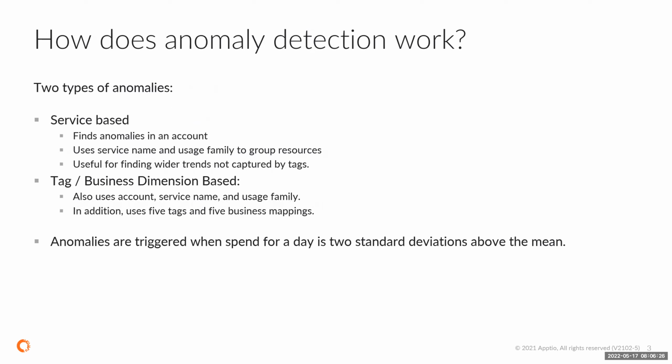The older way, which has been used for a long time, is that in addition to those three things, we add tags and business dimensions. In those cases, we use 5 tags and 5 business dimensions, and I'm honestly not entirely sure how those 5 are selected.